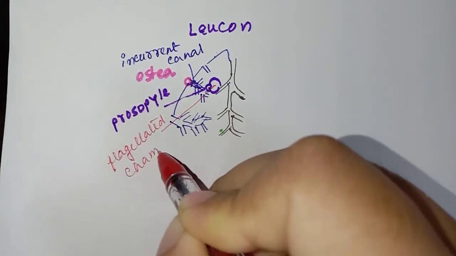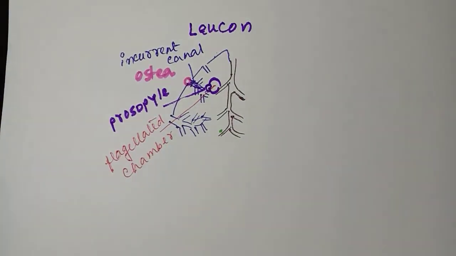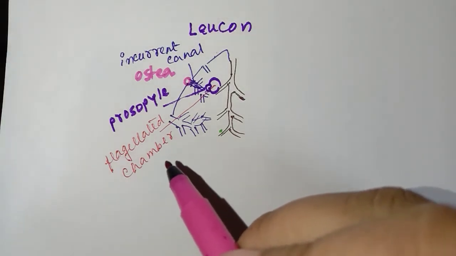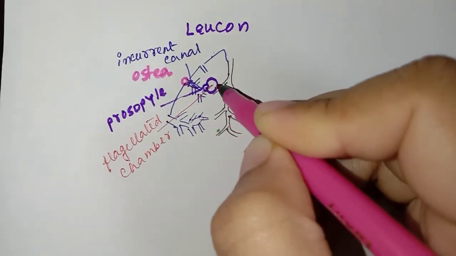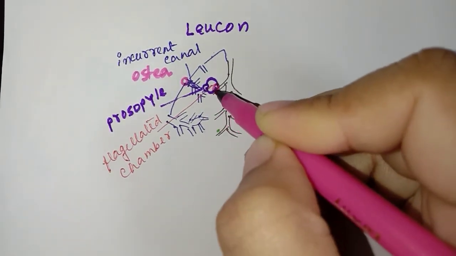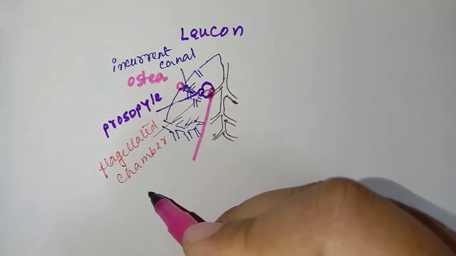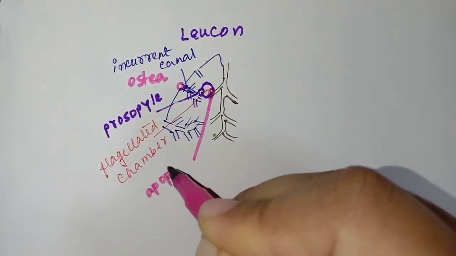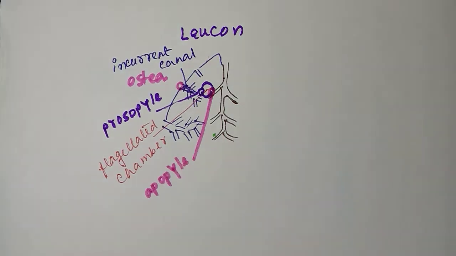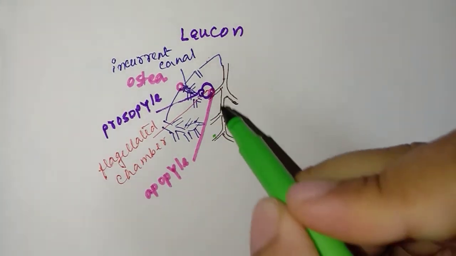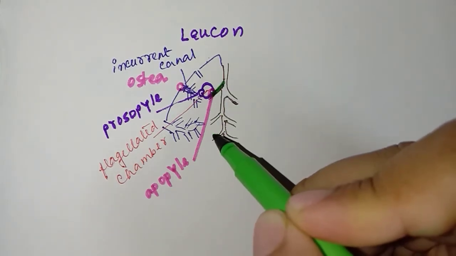From this flagellated chamber, the water will go to the next part. What is the next part? Now this flagellated chamber will have another opening like this. This opening is known as the apopyle. With the help of the apopyle, the water will go to the next part. This is a canal. What is that canal?